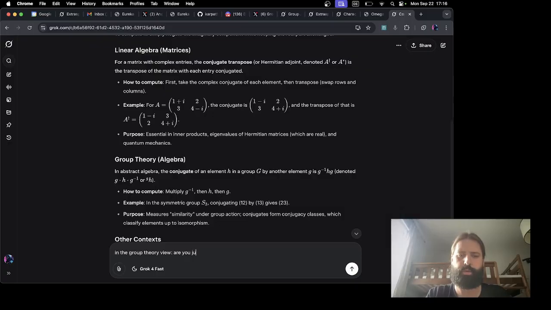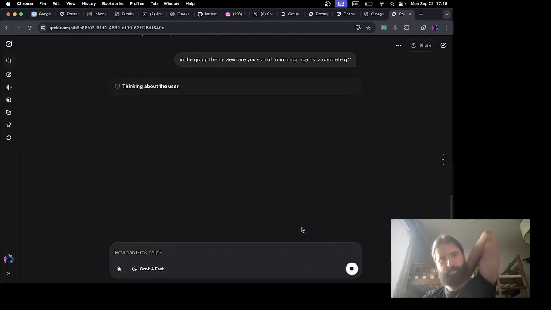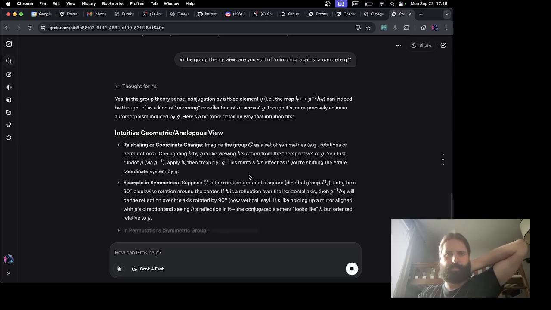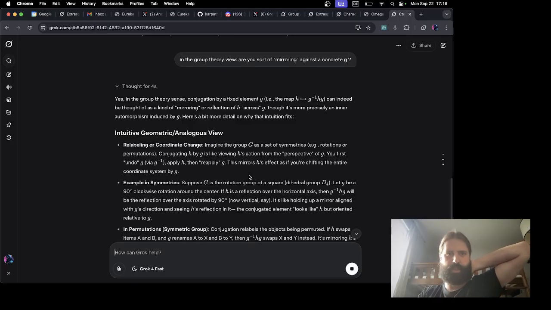Are you sort of mirroring against a concrete G? Yes, yeah, exactly. Kind of mirroring, like a reflection. Okay.